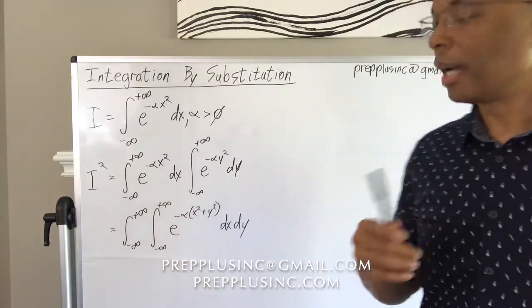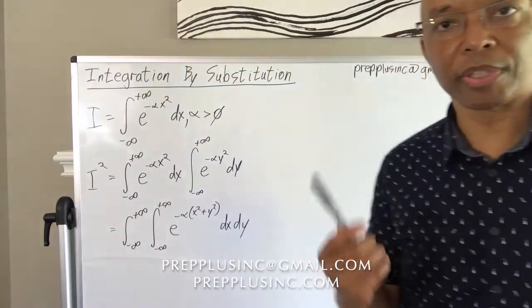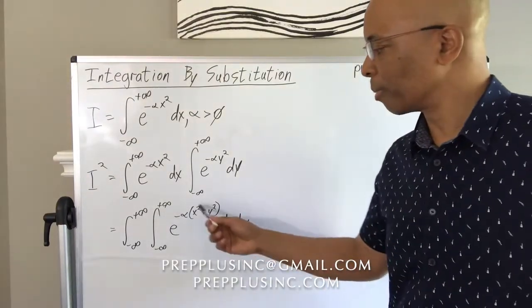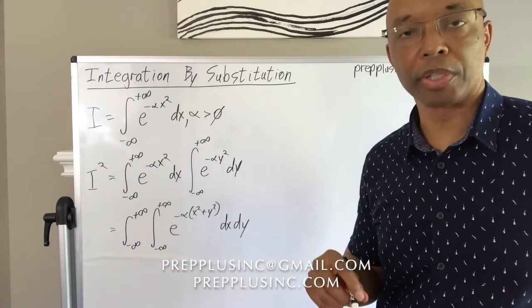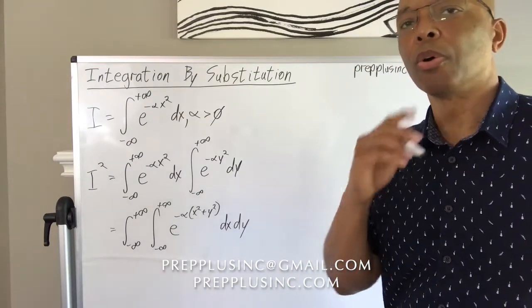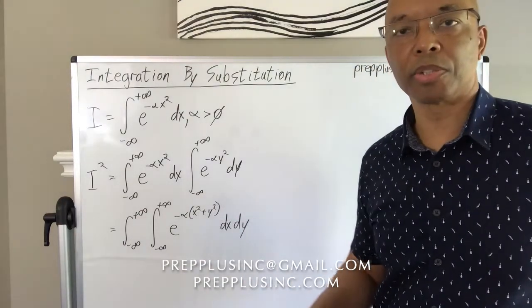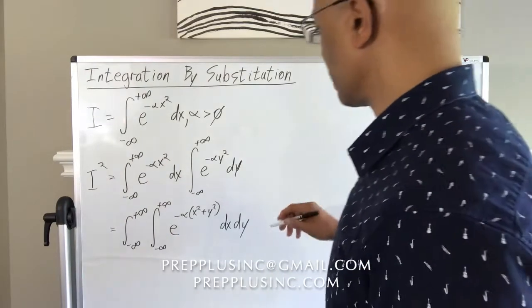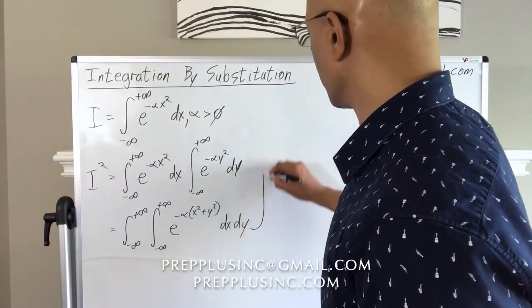And that's kind of what we were looking for. So now, following the side hint that we were looking at a minute ago, this reminds us of polar coordinates, a radius and an angle. So let's just transform this integration into polar coordinates.